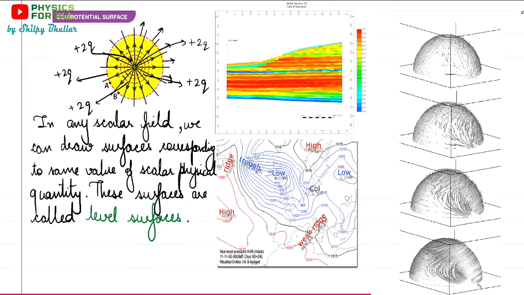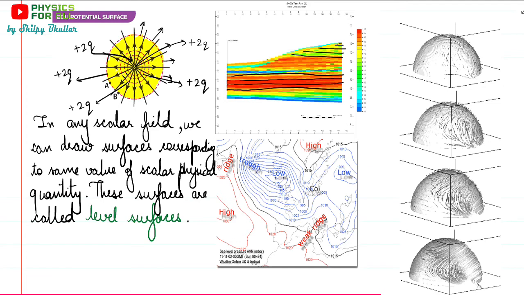Now here this is for isothermal surfaces. We have drawn isothermal surfaces. You can see these bars, they all represent some values. Here you can see that this whole setup is made up of lots of surfaces.